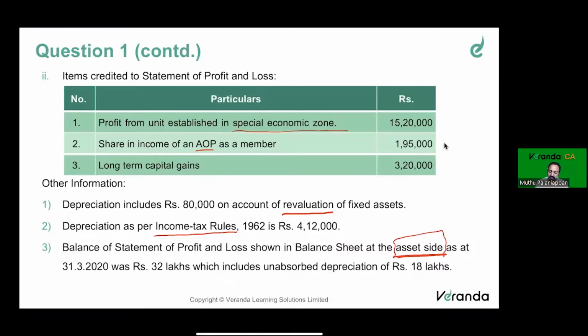Now it says it was 32 lakhs. It gives you a total figure, whatever is appearing in your balance sheet, out of which unabsorbed depreciation is 18 lakhs. So basically, what is unabsorbed depreciation? You have a loss. You try to understand how much is because of depreciation, and how much is the other losses that you have made other than the factor of depreciation.